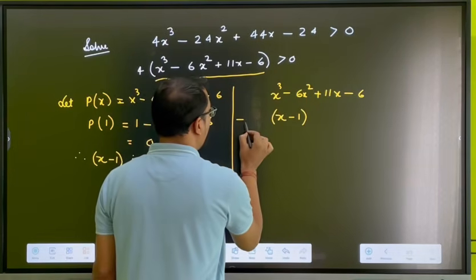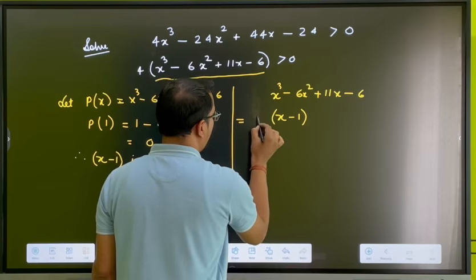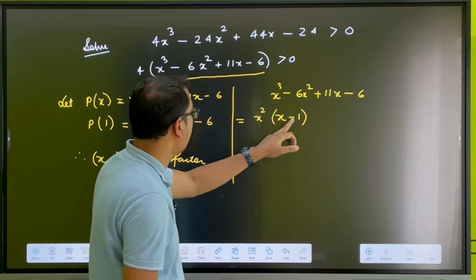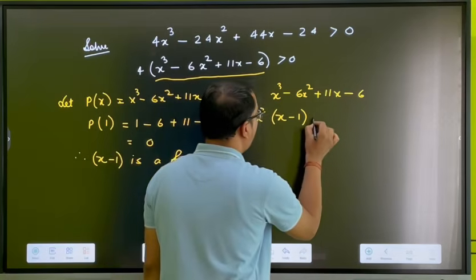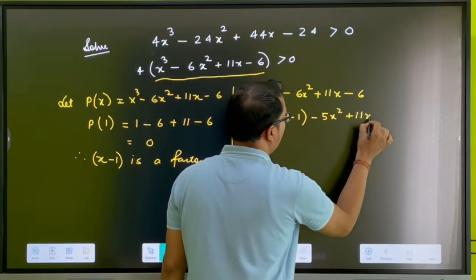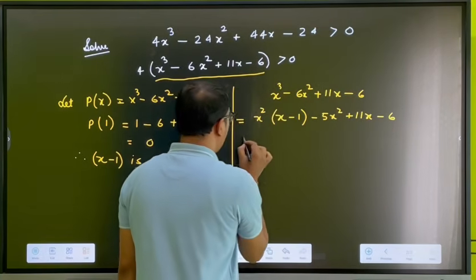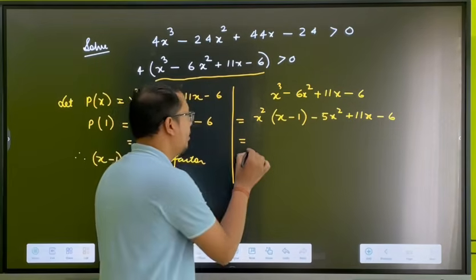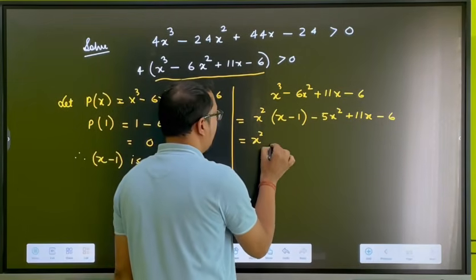So we'll write as it is. This is x, so I write here x squared. So this becomes x cube minus x squared. So this I will write as minus 5x squared plus 11x minus 6. Students, since we are confirmed that x minus 1 is a factor, our work is very easy now.